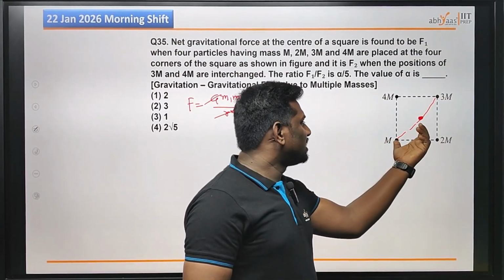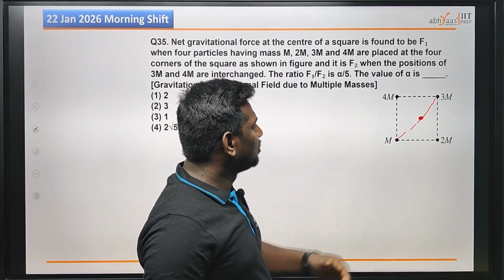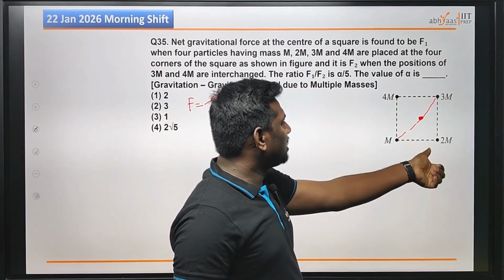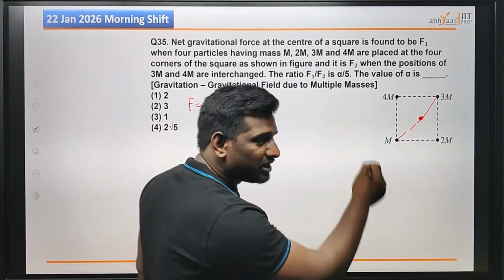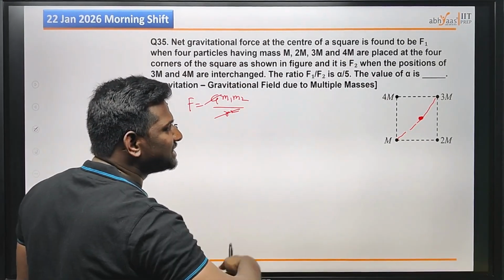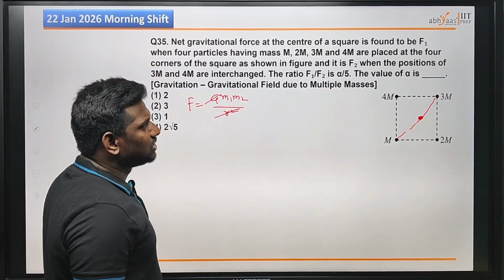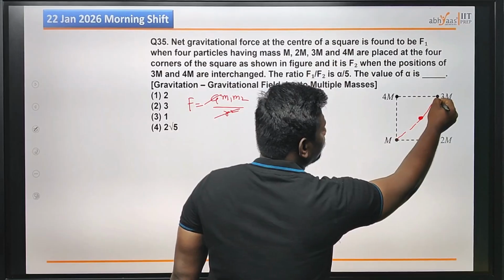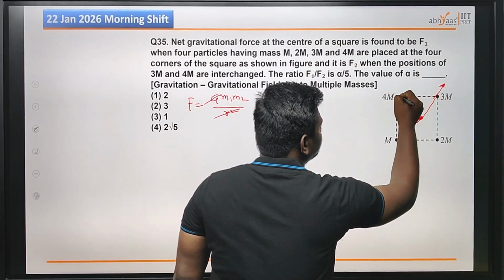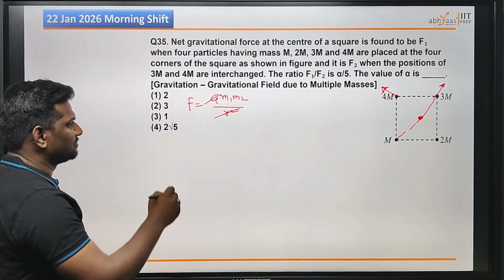So in this case, the force depends on the mass. The 4m and 2m are opposite to each other, that is the diagonal. So the force is acting diagonally. So see here, F net, we know that one.